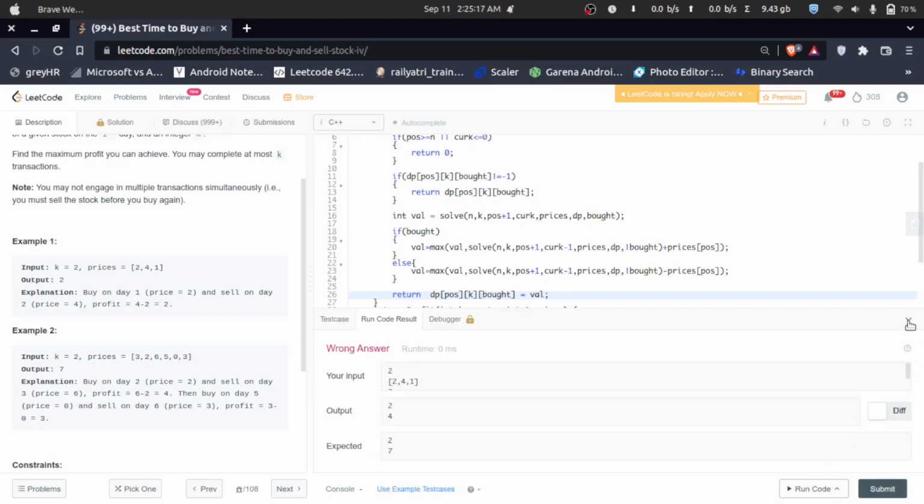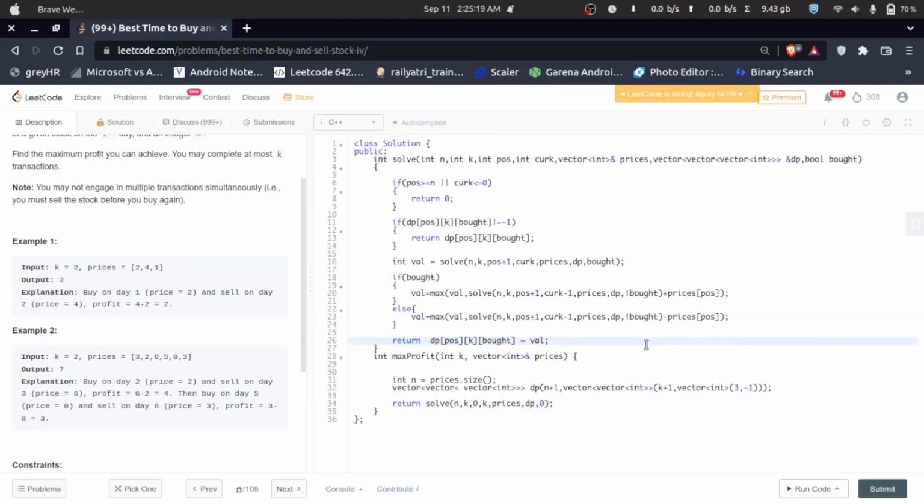Hold on, it's giving me a wrong answer. If I'm sending it there as wrong, solving the n k, so position will be starting from 0, current k is that k, if current k is less than or equal to 0, okay, then prices the dp.